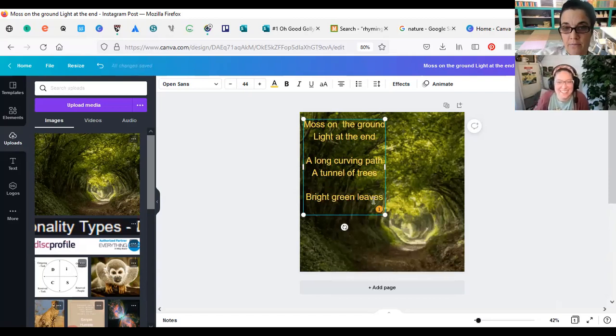Bright green leaves. Let's try to say bright green something else leaves. Bright green hanging leaves. Yeah, hanging leaves. That works.